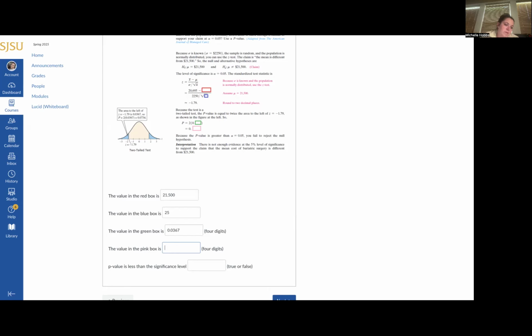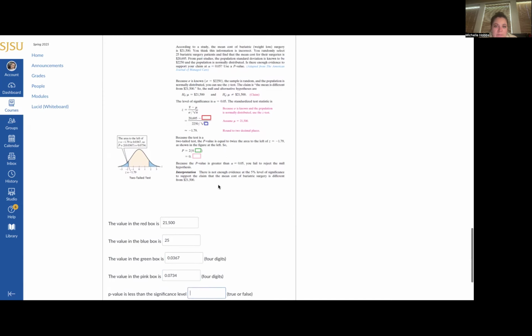And then 0.0734, I think. And so then the p-value is greater than 0.05, so you fail to reject. The p-value is greater than the significance level.